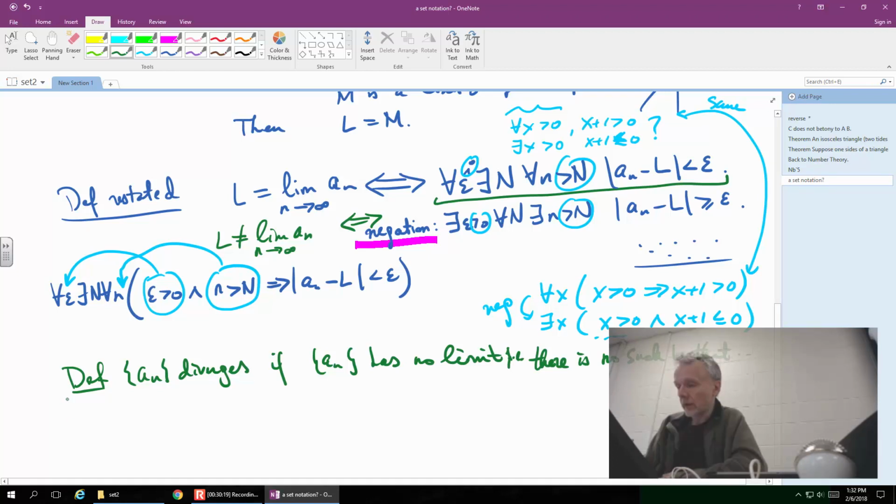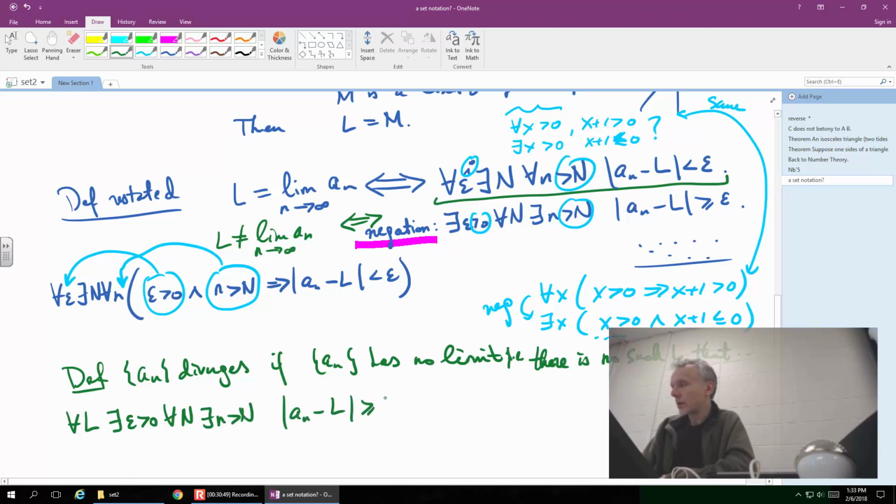So in other words, for every L, okay, there is no such L is a negative statement that we might try to avoid, but instead let's state it in the positive way. So for every L, the negation of for every L is not the limit. So I could just go straight to the negation, and I write there is an epsilon greater than 0 such that for any n there is an n larger than N with |a_n minus L| larger than or equal to epsilon.